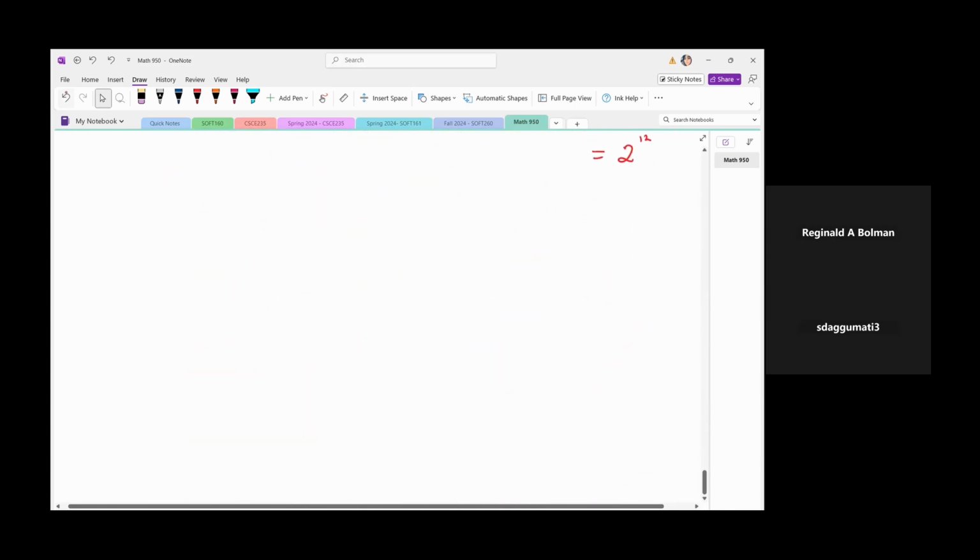Consider, for example, if you have 2 raised to the 8th. We could say that was the same thing as 2 to the 4th times 2 to the 4th.